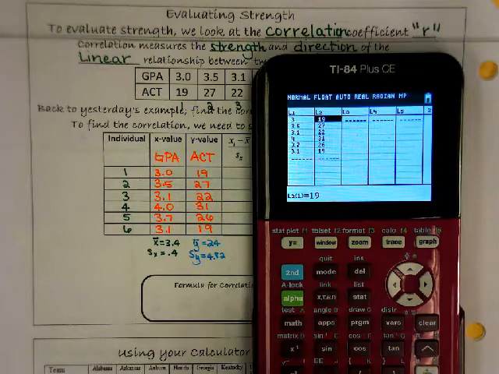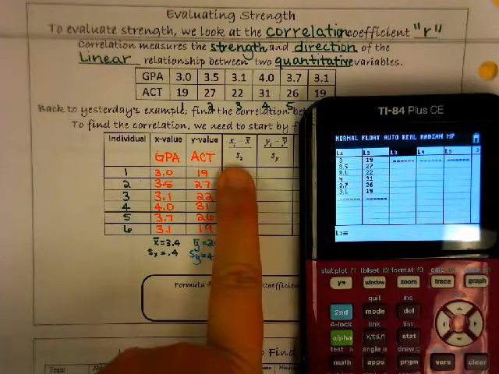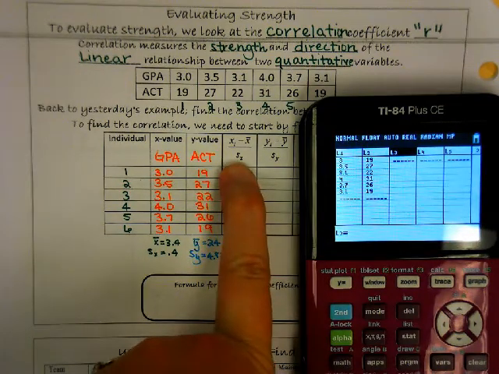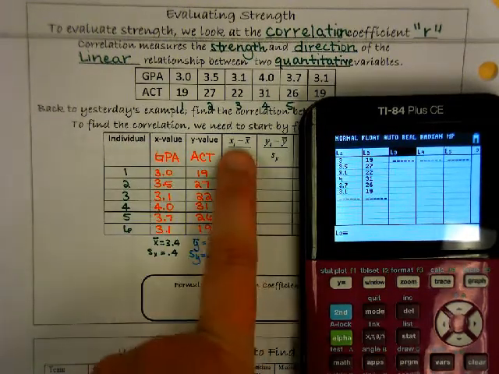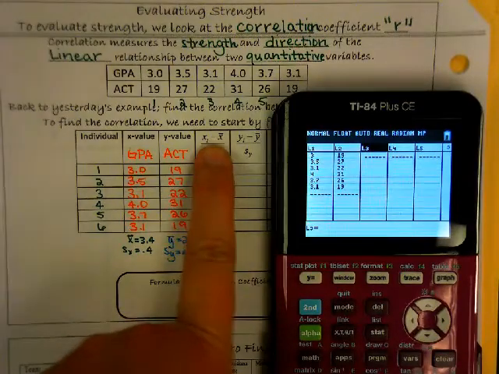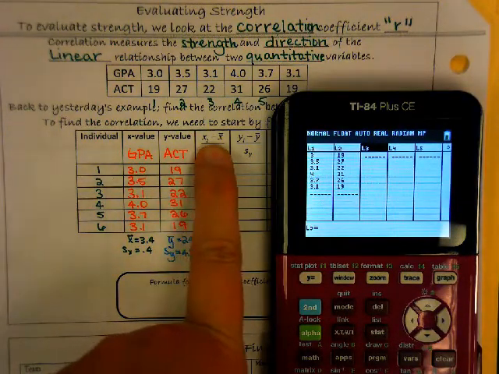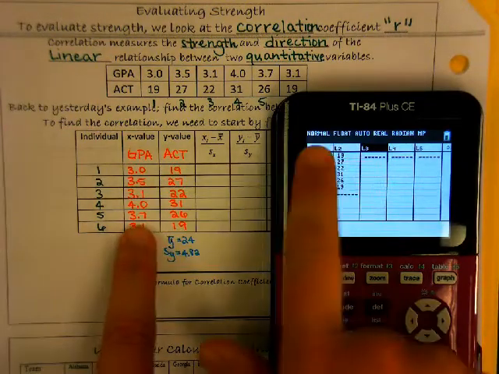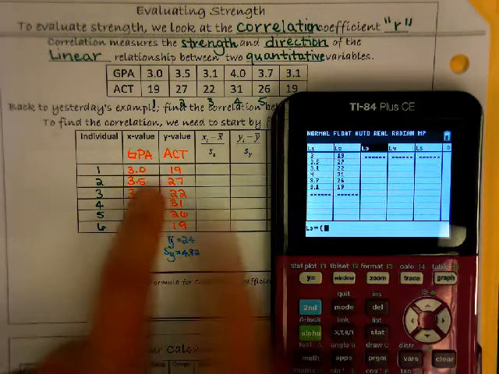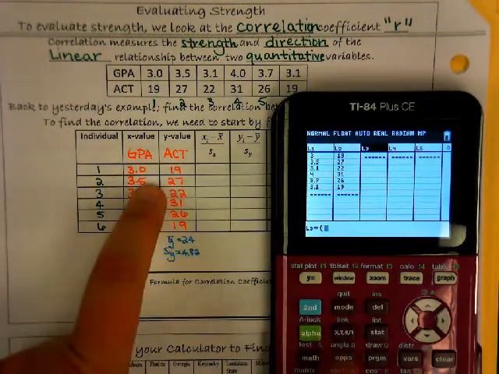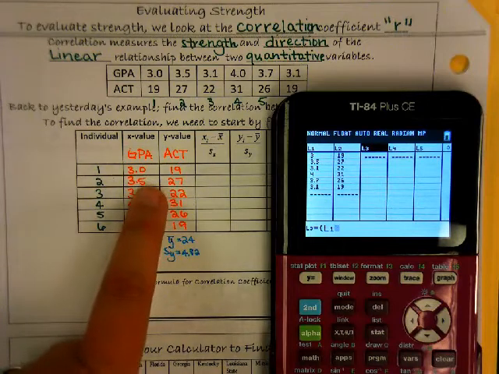So I can define list 3 to be a formula, the z-score. We want to find the z-scores of the GPA. All our observations are in list 1. I'm going to put parentheses so the calculator does the top part first, and then tell it to take list 1.